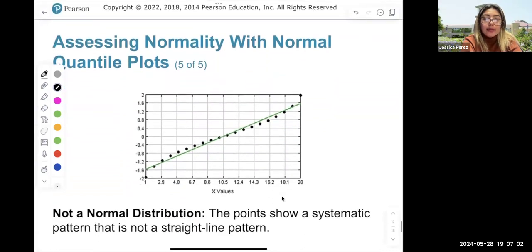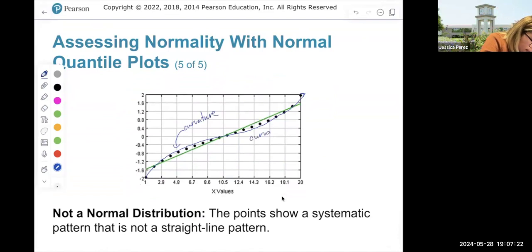Now this one, why is this not normal? You have to look at the peak and say, oh, well, yeah, but no, because look, it goes up, then it goes down, and then it goes up. Do you see that there's a curvature here? Some points are above, some points are below.